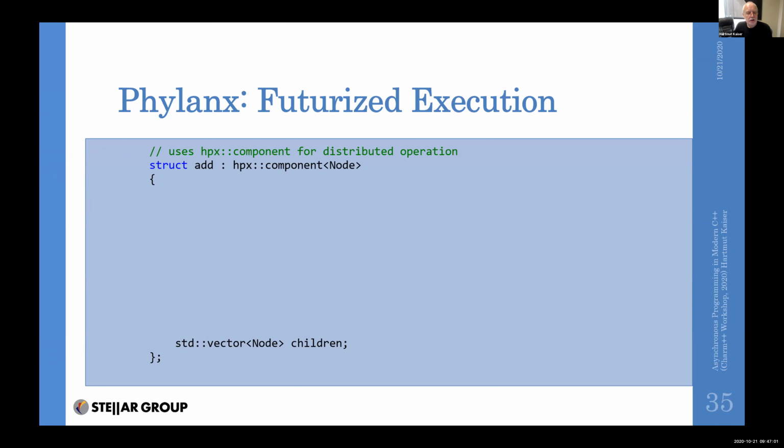What I have here is a struct which represents one of those primitives, one of those nodes. And I want to quickly show you how the add node is implemented on a very high level without too much detail. As you can see, add is derived from an HPX facility, which we call component.